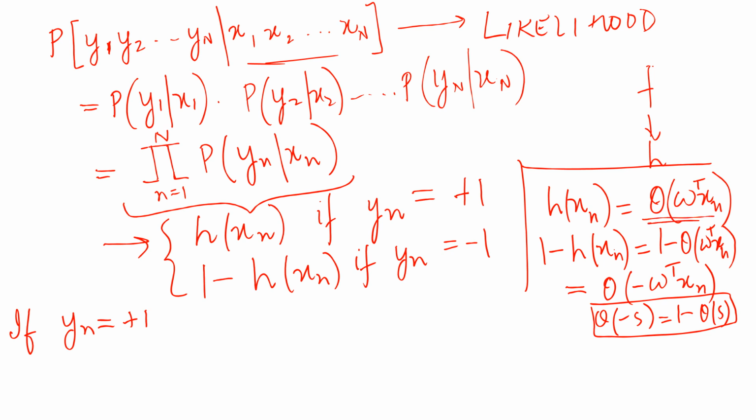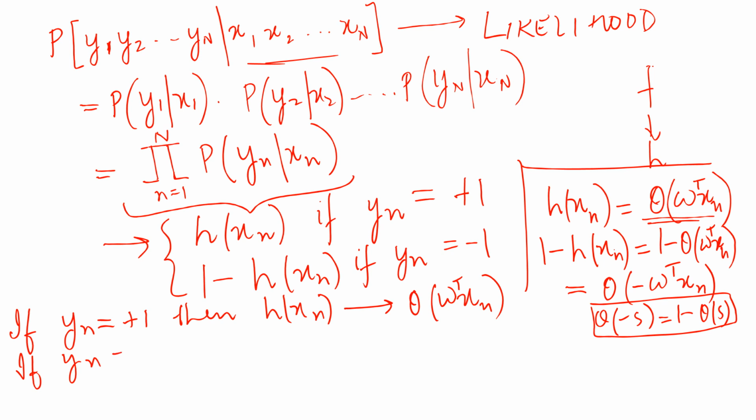Similarly, if what I observe is y_n equals -1, then h(x_n) can be replaced by theta of minus w transpose x_n. Why? Because I know this from this small box here.